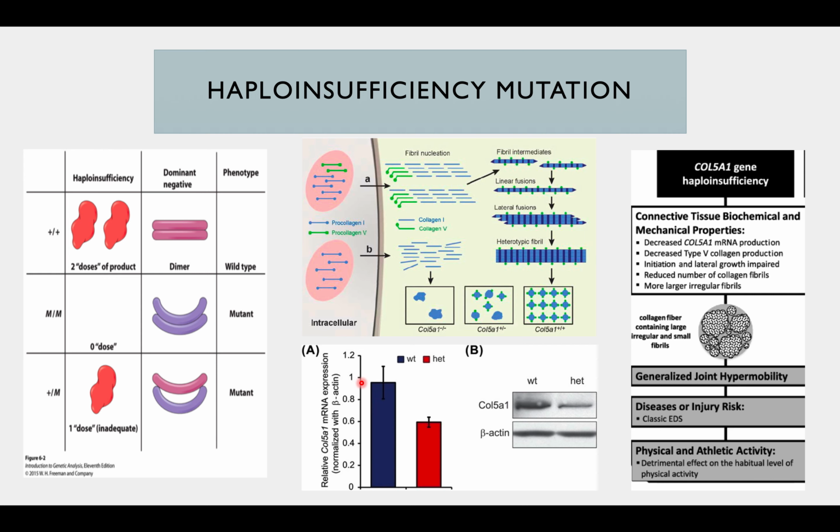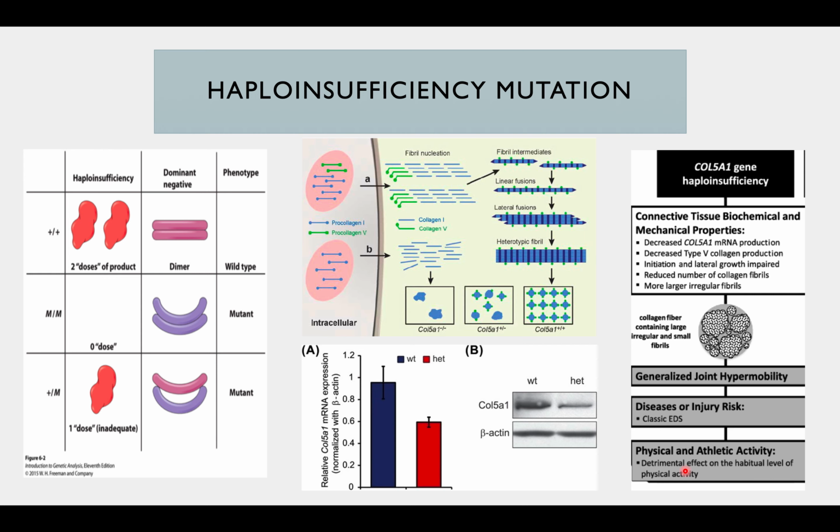This can make ligaments and joints particularly loose and stretchy, leading to the classic hypermobility associated with classic Ehlers-Danlos syndrome. Collagen fibers protect the integrity of the skin and blood vessels, so if something weakens the collagen, such as not having enough collagen 5 alpha-1, then you might be more susceptible to bruising or scarring.